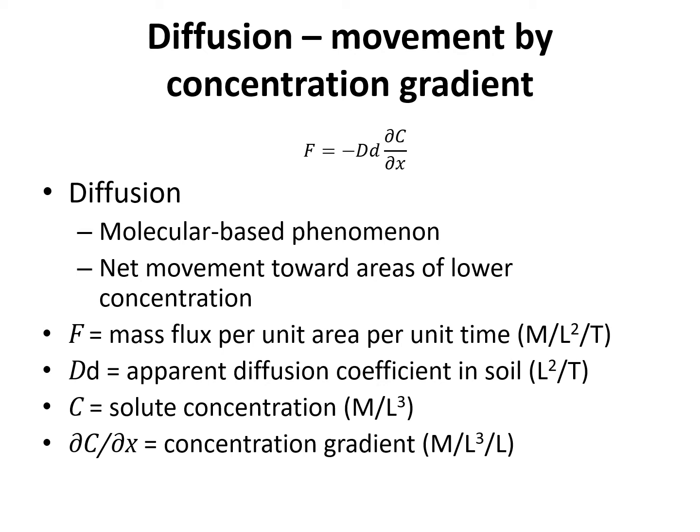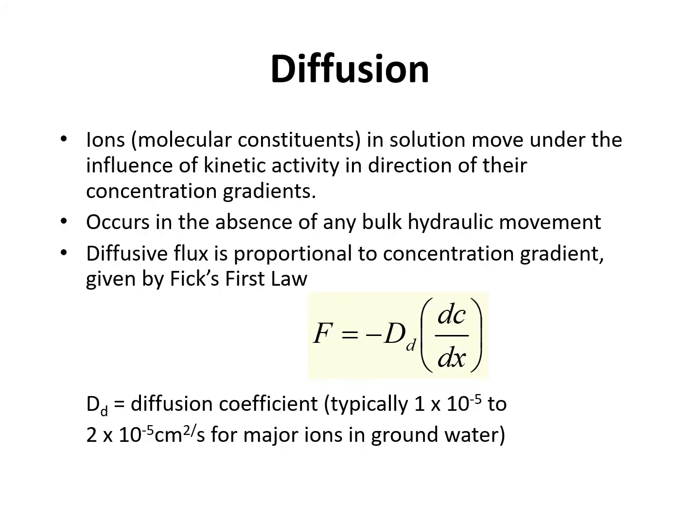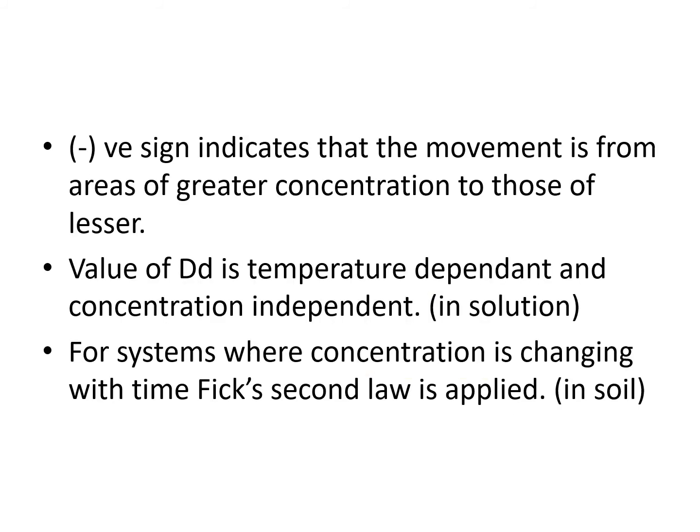Dd is the apparent diffusion coefficient in soil, and this is the concentration gradient. Again, it is the simplified version, and it is declared as the first law. Obviously it will be negative because the concentration is reducing.